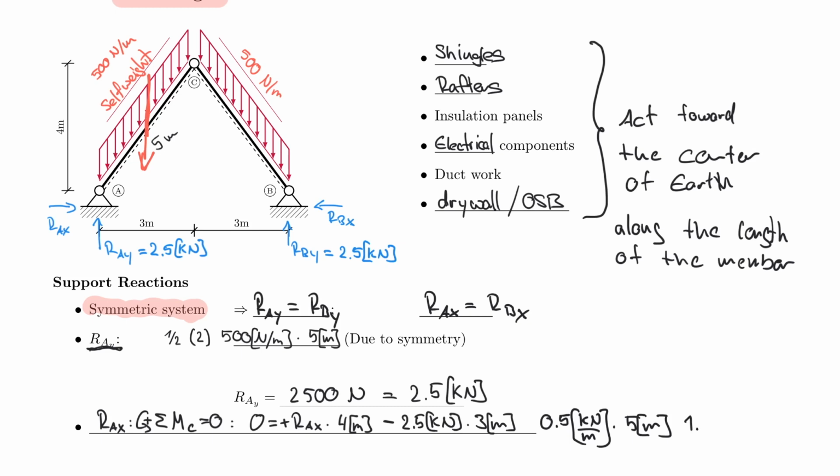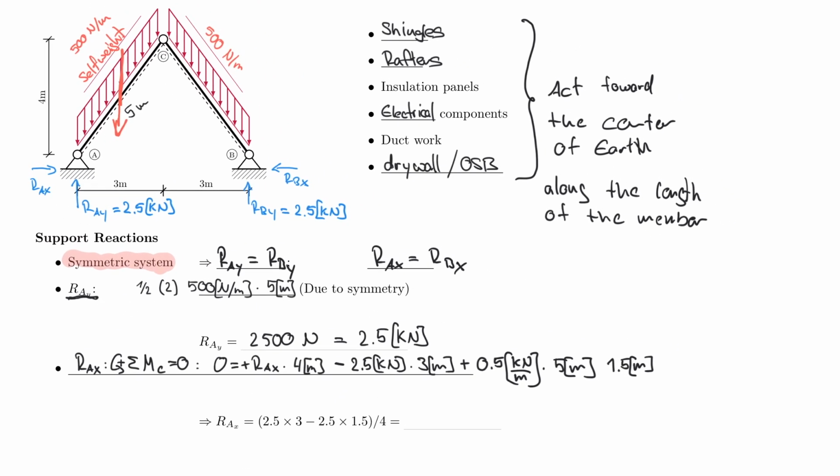So 1.5 meters, or 3/2, and that is rotating counterclockwise about C, so therefore that is a positive lever arm, if you will. And if I now rearrange all this, then I will end up with this equation down here. And the answer then is 0.9375 kilonewton. And this is not for significant figures, but just to carry our understanding through.